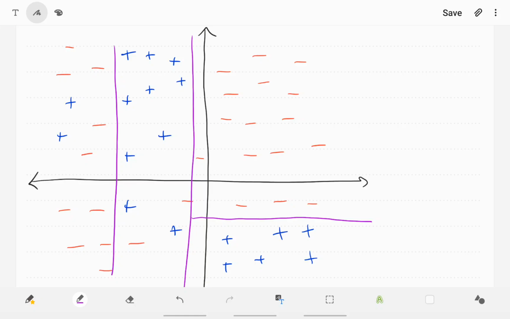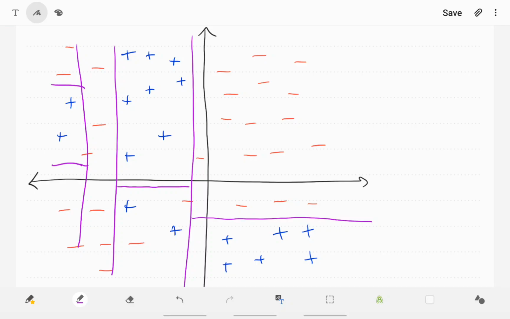And then we might further try to separate out some of these other red points from the blue points. And we may, for example, split here, or for example, split here, and then here and here, depending on what our stopping criteria would be.